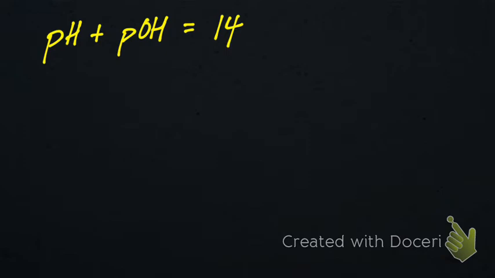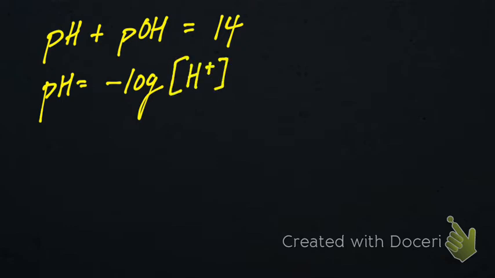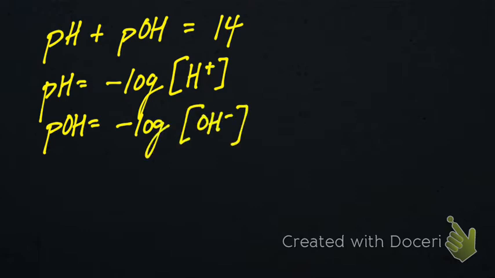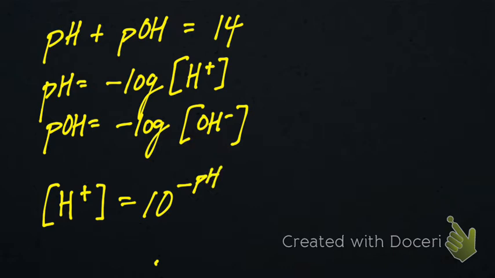It has pH equals negative log of H plus concentration. pOH is equal to negative log of OH minus concentration, right? And the two equations that are not there, and that you need to remember off the top of your head, is 10 to the negative pH power is H plus concentration, right?